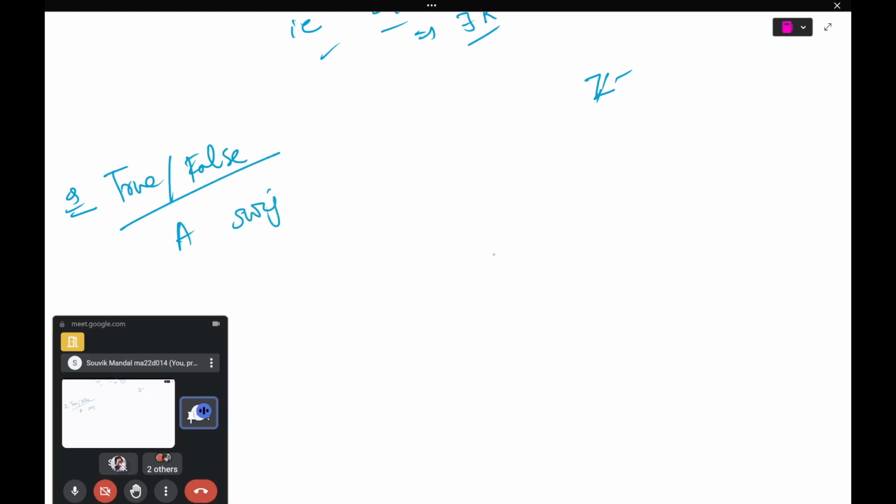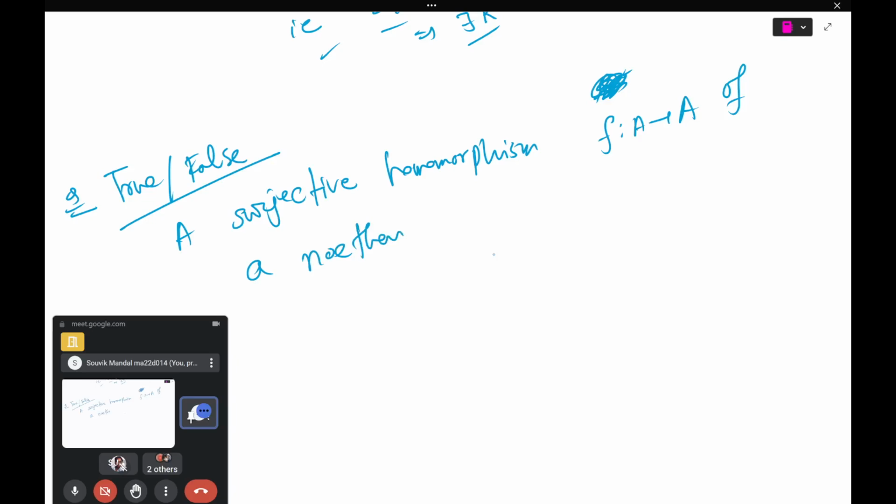A surjective ring homomorphism f from A to A, where A is a Noetherian ring, is an isomorphism. Is it true or false? That's the question.